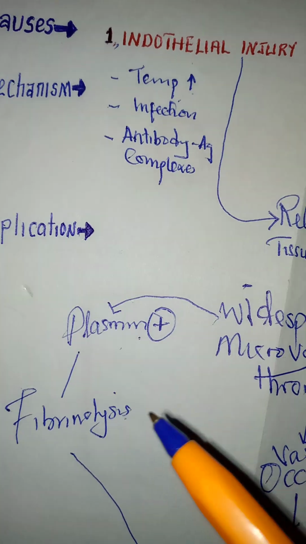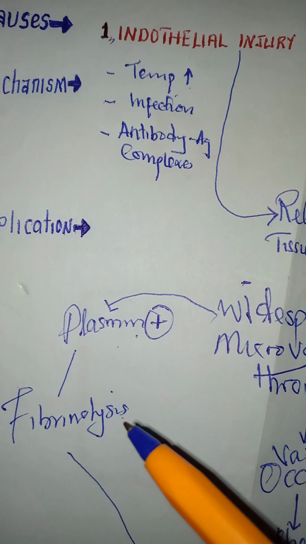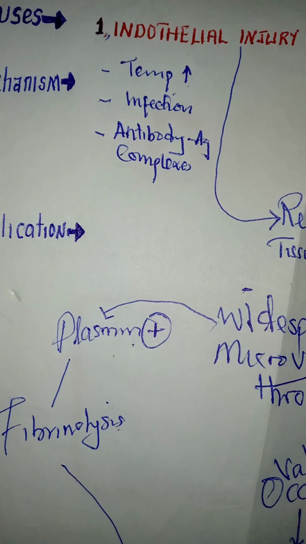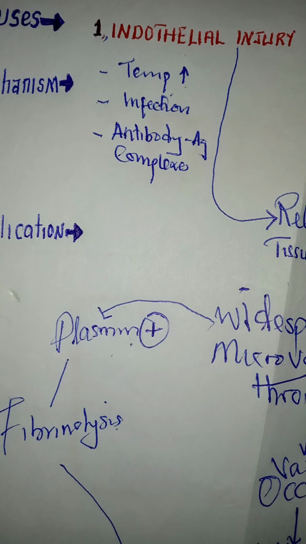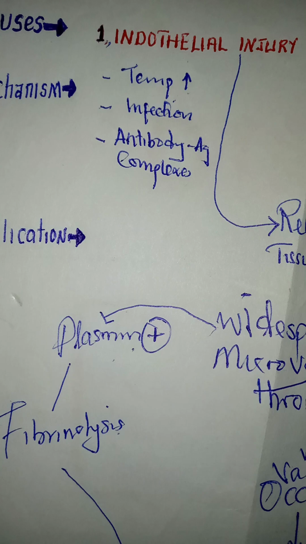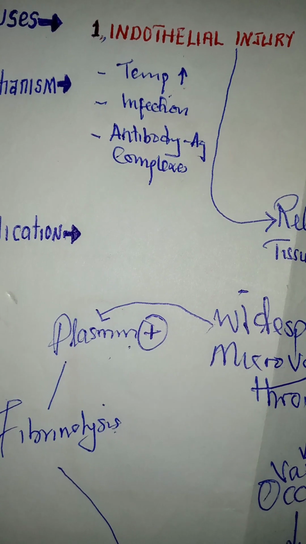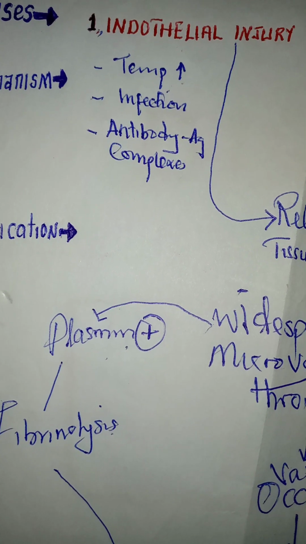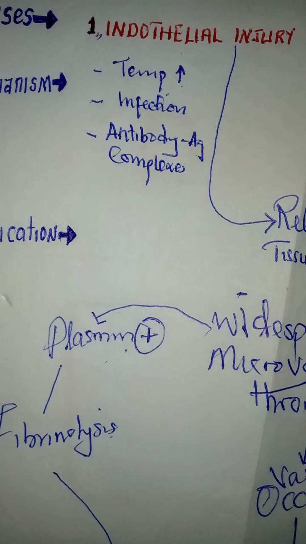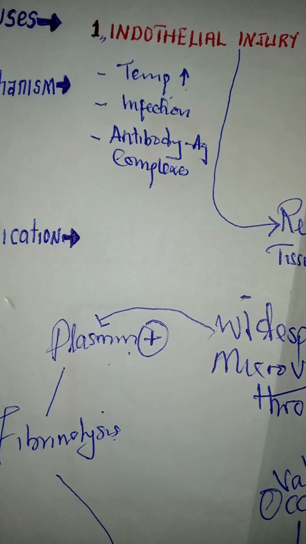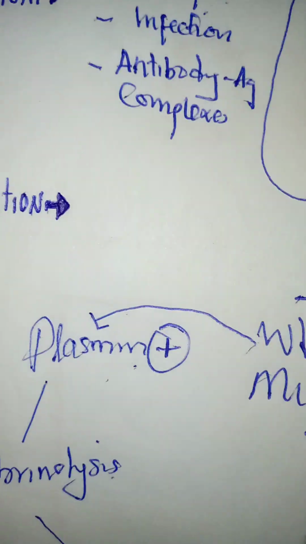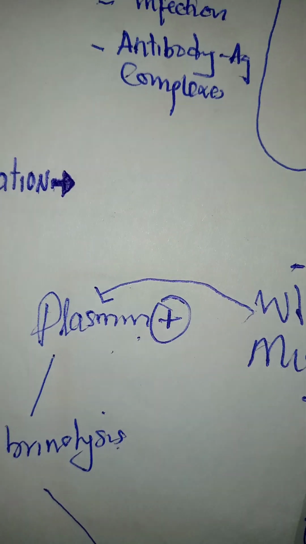So basically the fibrinolytic pathway is whereby initially we have plasminogen. Okay, so plasminogen is going to be converted into plasmin by tissue plasminogen activator, and then the plasmin is able to break down fibrin, right?